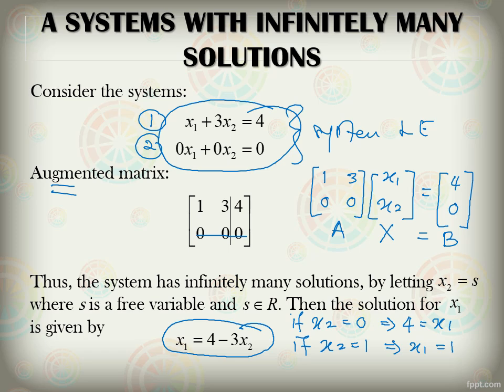And the list will continue infinitely. This is what we call a system with infinitely many solutions. So any numbers for x1 or x2 can satisfy this equation.